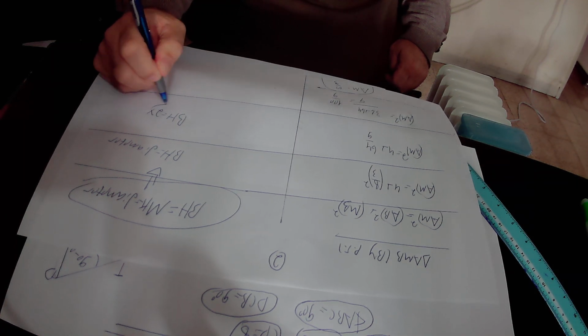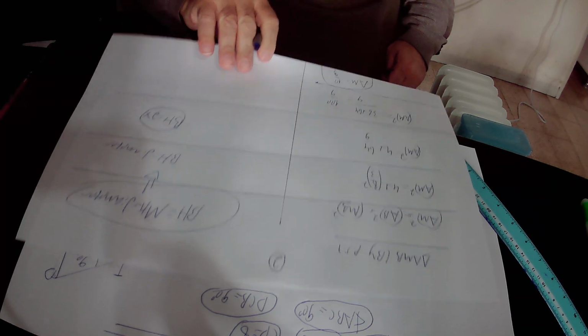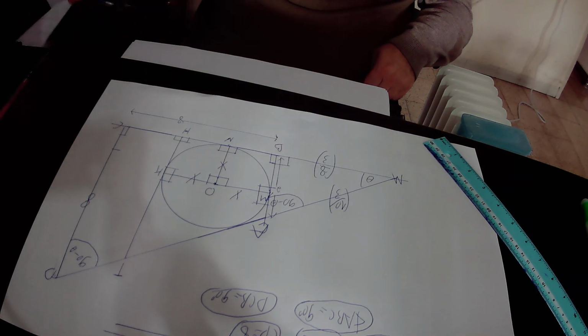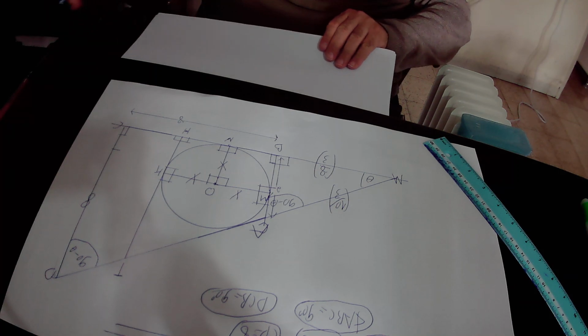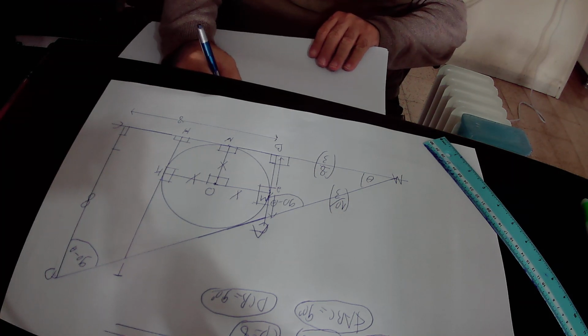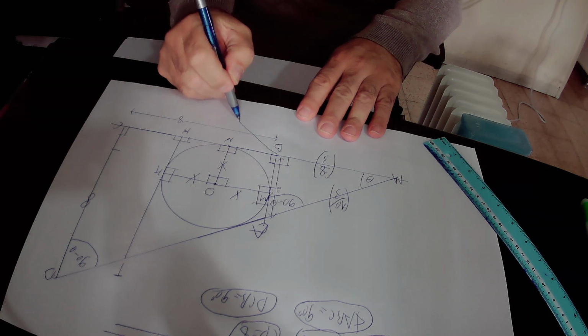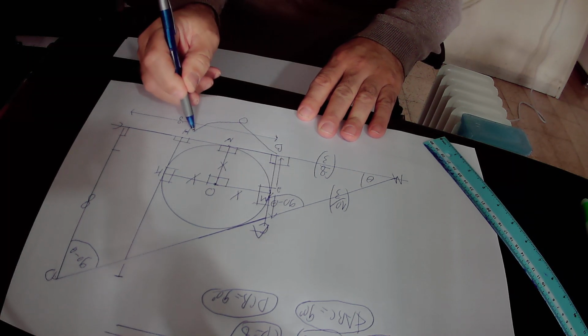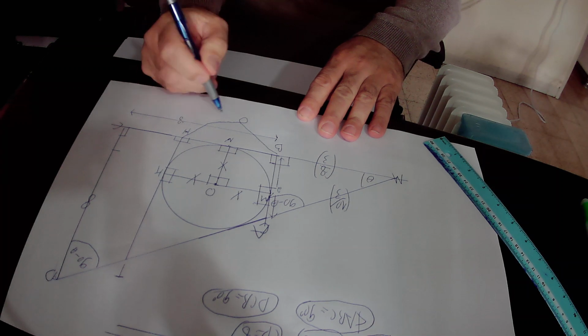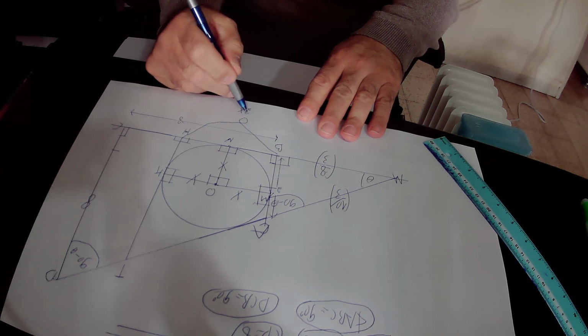BH equals 2x. Here, the diameter BH equals 2x units in its length.